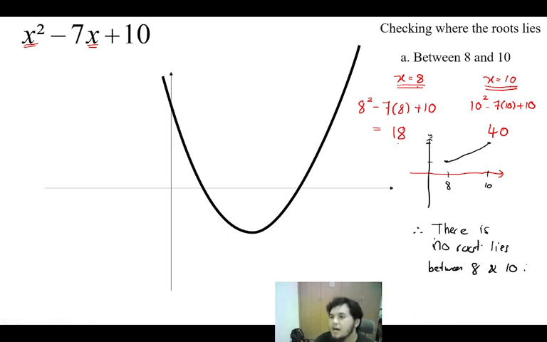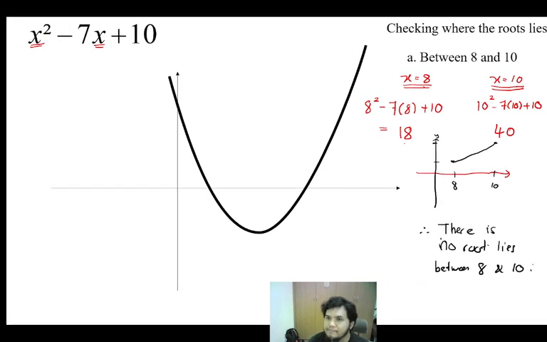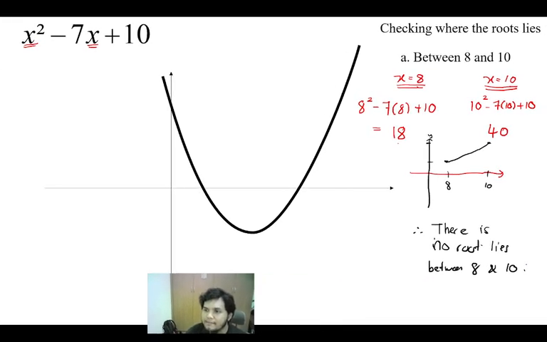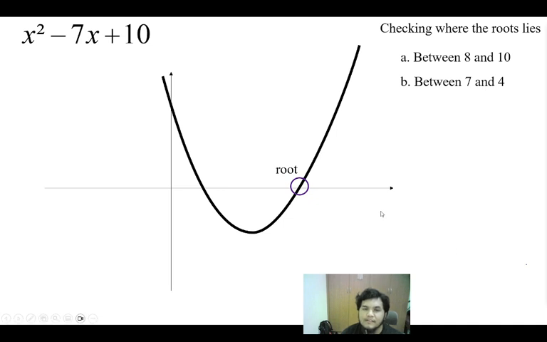Now you can also try the second range, between 7 and 4. Check the roots between 7 and 4 on your own.